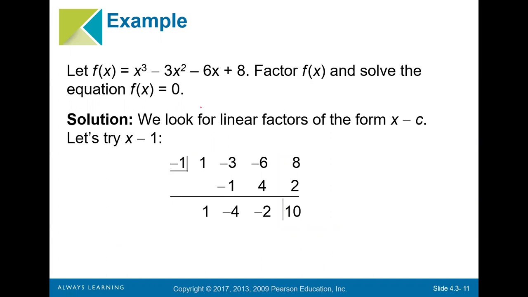So let's solve that for it. So it said that we have x cubed minus 3x squared minus 6x plus 8. So this is my x cubed. We got positive 1 coefficient. Here's my x squared. We got a negative 3 coefficient. Here's my x, negative 6 coefficient. And 8 is the constant term.